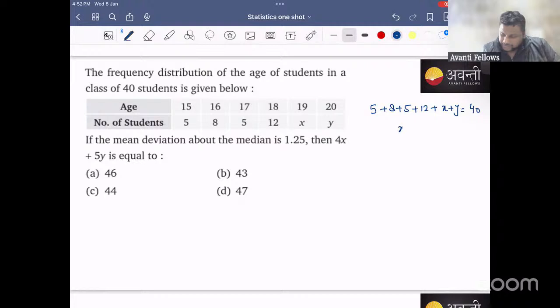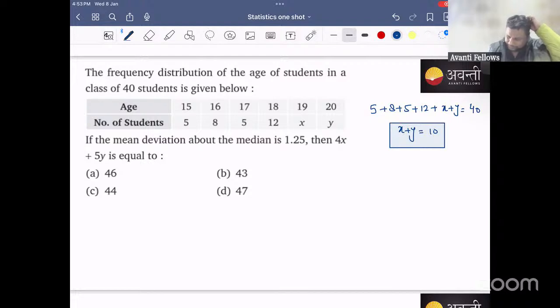So from this, I get x plus y as 10. So one relation is in x and y. Now, the mean deviation about the median is 1.25, and they are asking for 4x plus 5y.